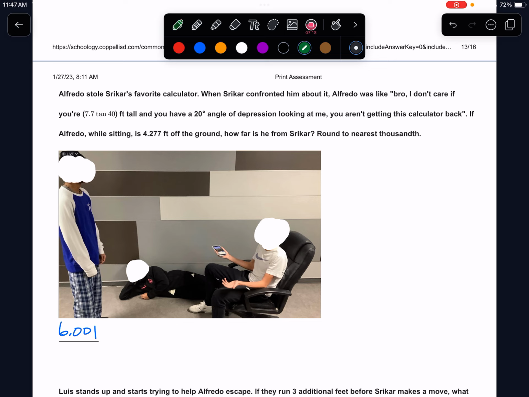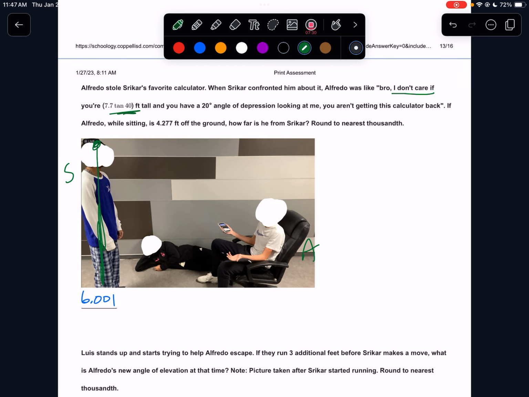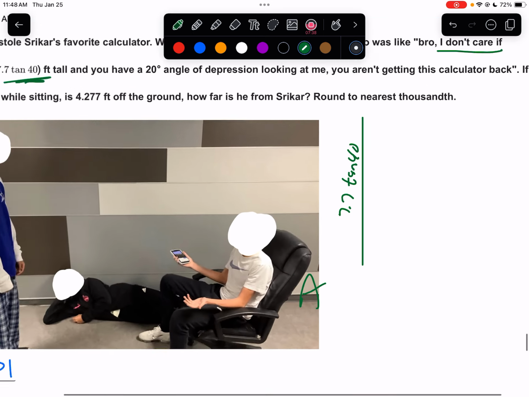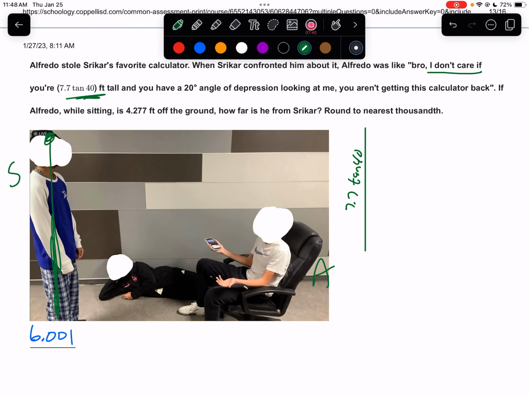All right, so this is Srikar, in case you're wondering, the guy standing, and this is Alfredo, the guy sitting. He says, I don't care if you're this tall. So that means Srikar is 7.7 tan 40 tall. So I'm going to kind of draw it over here. So this side would be 7.7 tan 40, the entire thing. That's how tall he is.